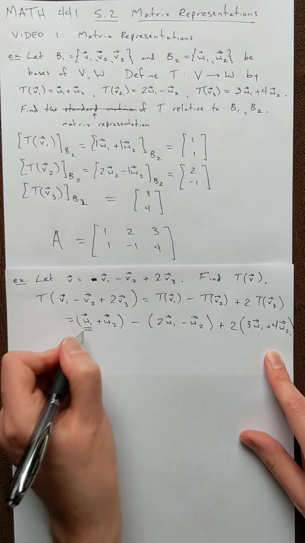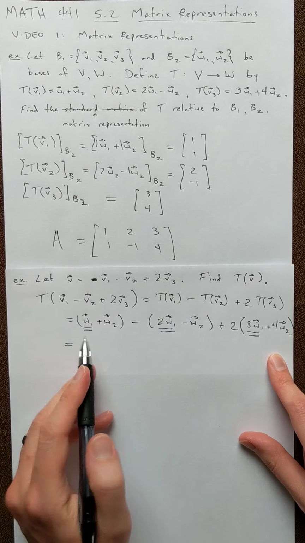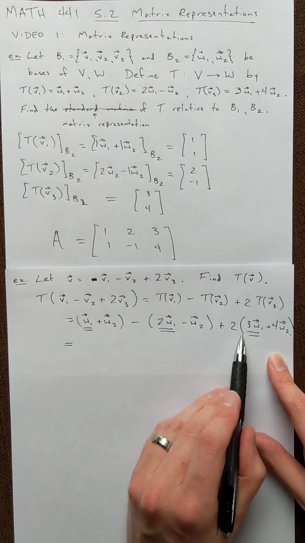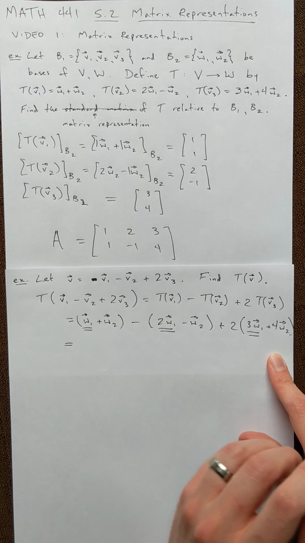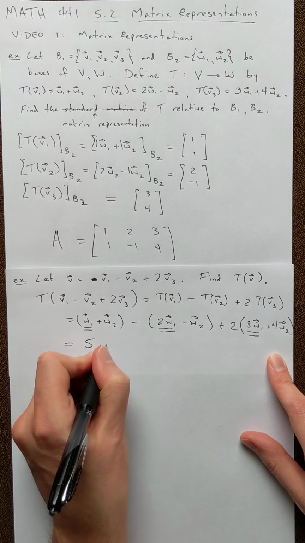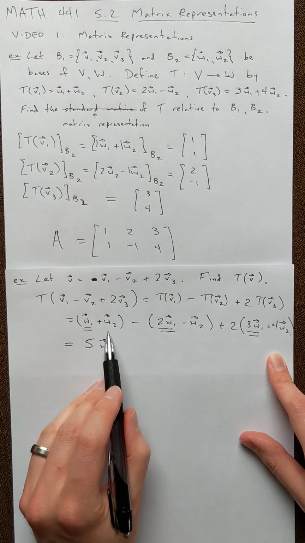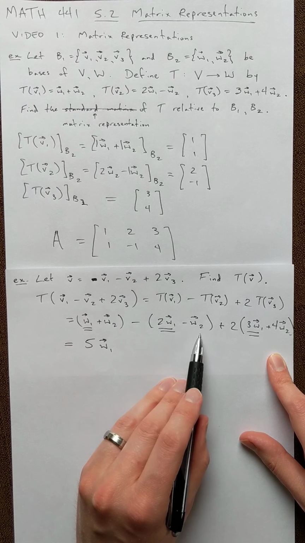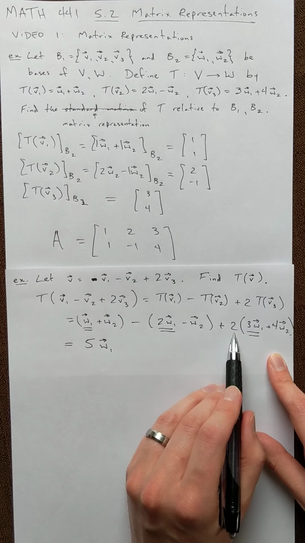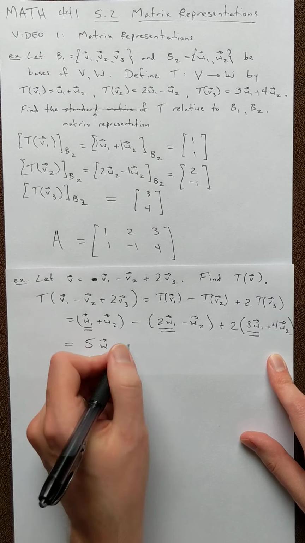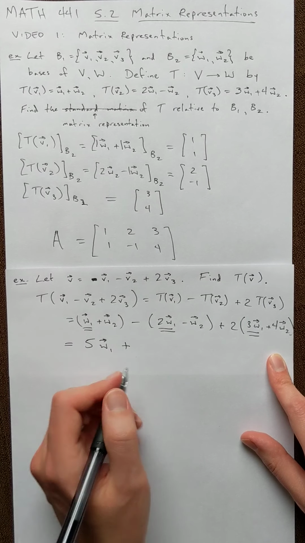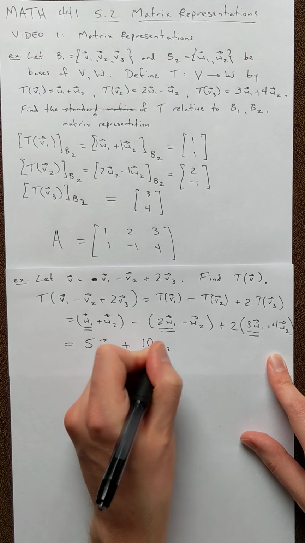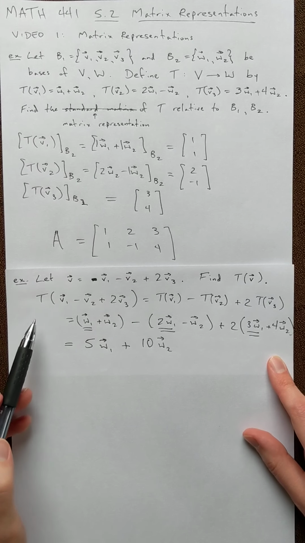If we combine the W1s, we have 1 minus 2 plus 6, which would be 5. Our W2s would be 1 plus 1 plus 2 times 4, 8, so 1 plus 1 plus 8 would be 10 W2. So that's one way to find T of V.